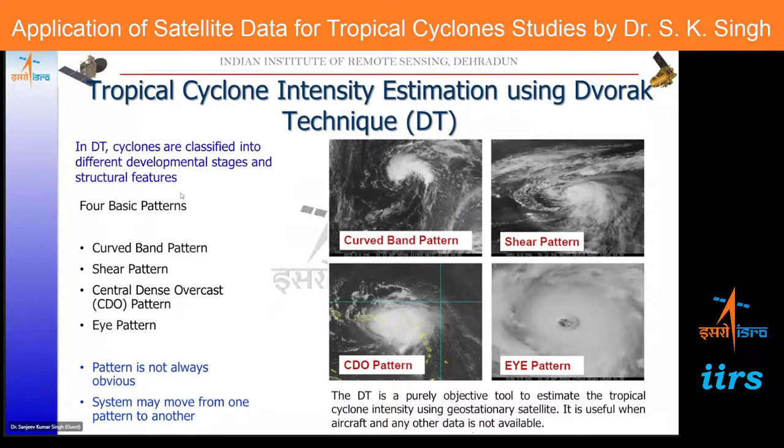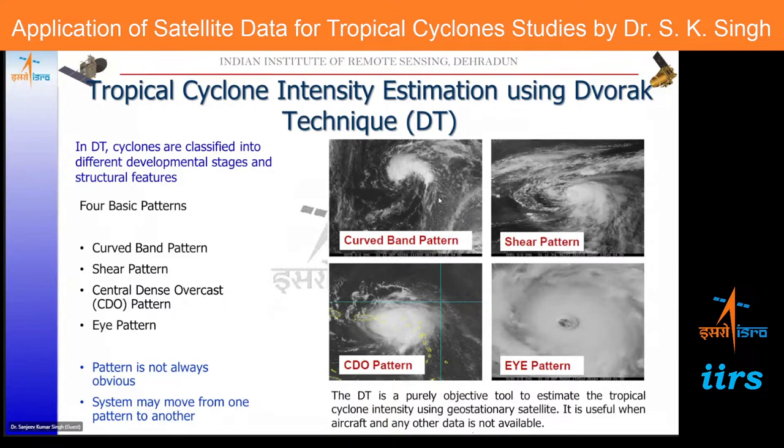This is the main method used to generate the intensity of a tropical cyclone. In this technique, mainly the IR and visible channels are used. They have categorized the cloud patterns into four categories: the curved band pattern, shear band pattern, central dense overcast pattern, and eye pattern.